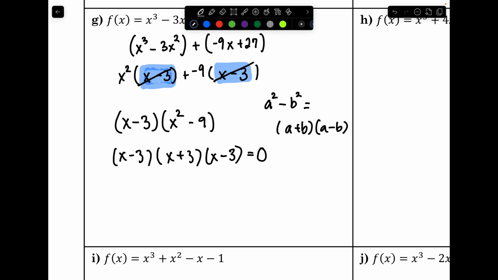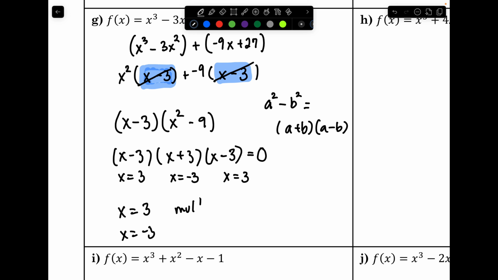From the first factor, x minus 3 equals 0 because x equals positive 3. X plus 3 equals 0 means that x has to equal negative 3 to get that to equal 0. And x minus 3 equals 0 means that x has to equal 3 yet again. So our zeros are both positive 3 and negative 3.